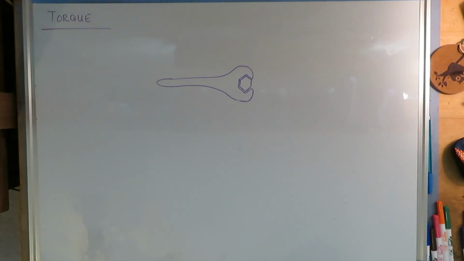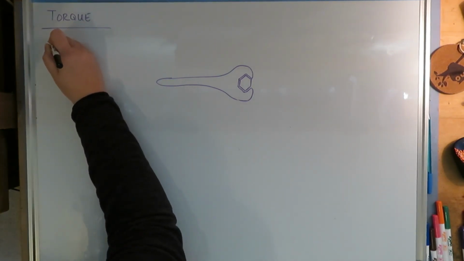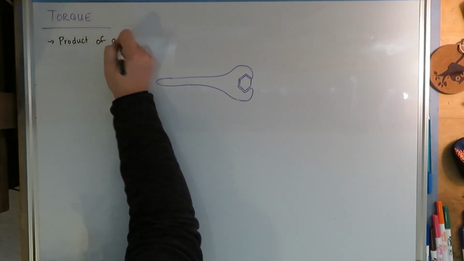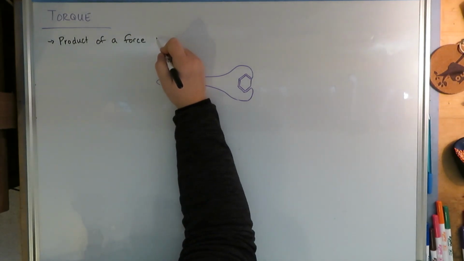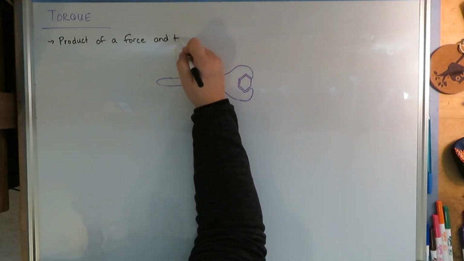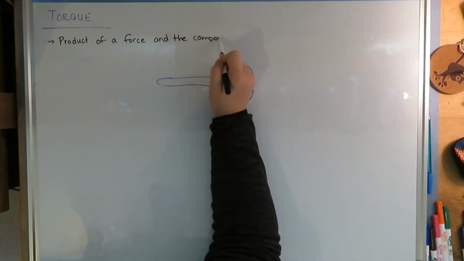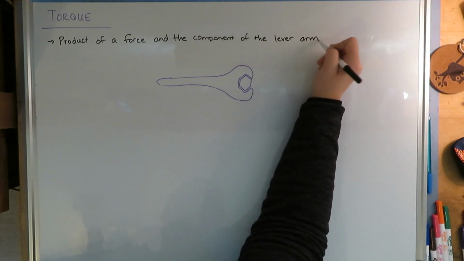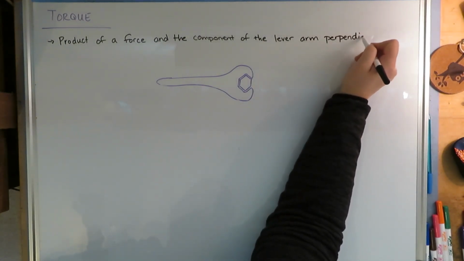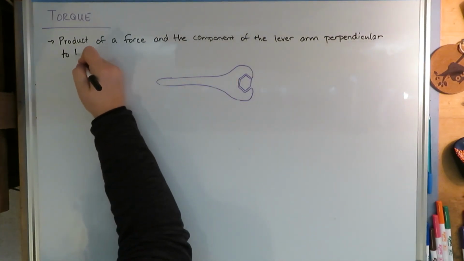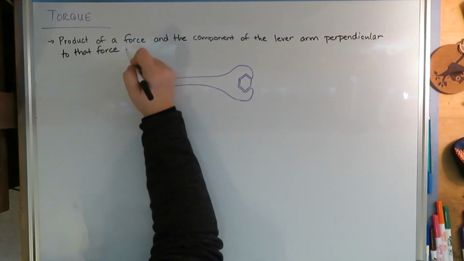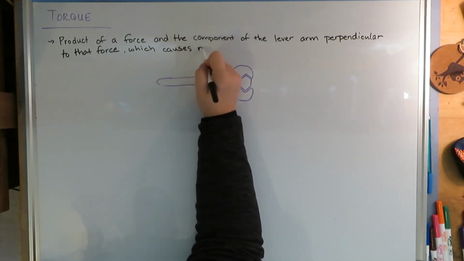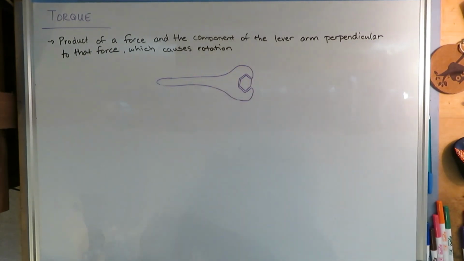So the actual definition of torque is something along the lines of the product of a force and the component of the lever arm perpendicular to that force, which cause rotation about an axis.